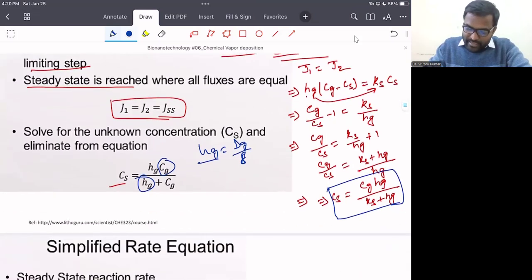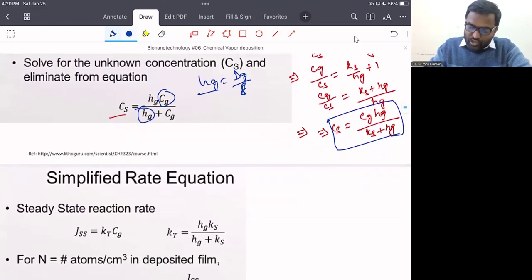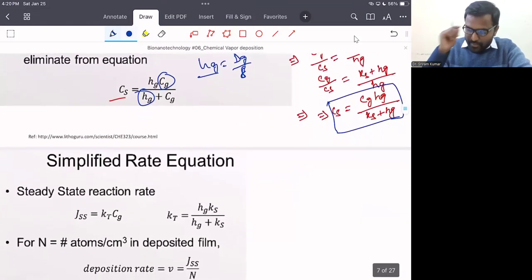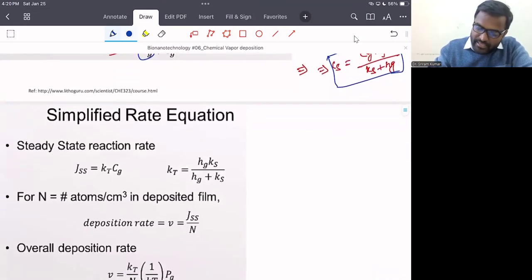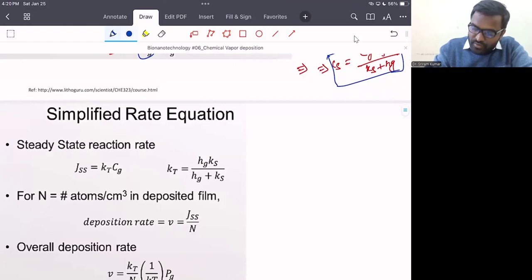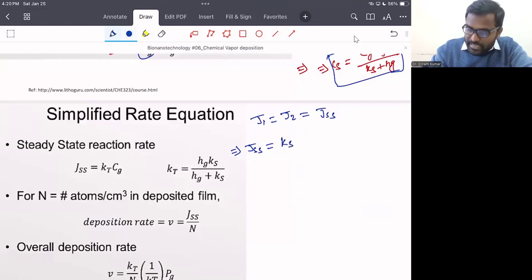Now let's understand the other thing, what is the rate of the reaction. So further we have here the Cs. So we got the Cs, and at the steady state condition we have J1 is equal to J2 is equal to Js. So in this case we have Js is equal to Ks and Cs, right?